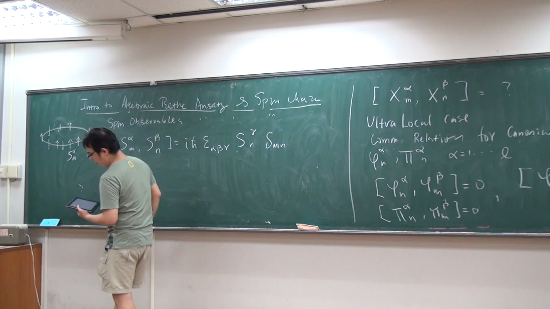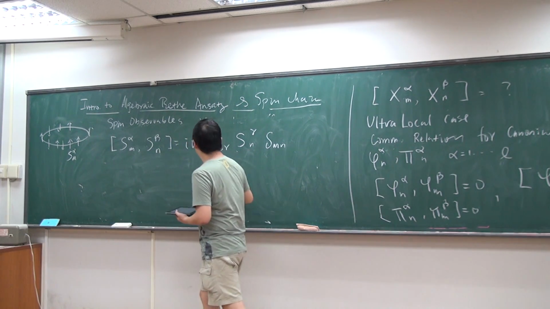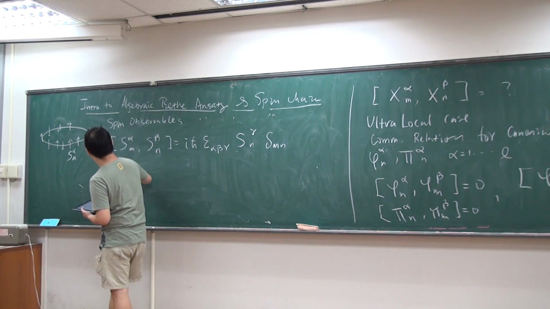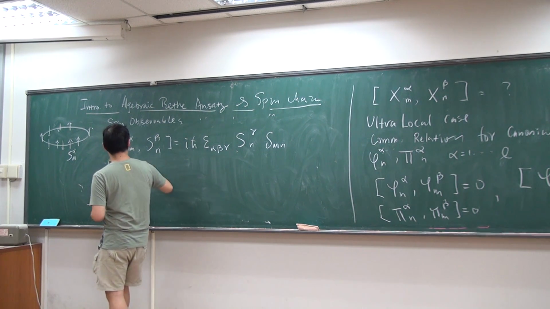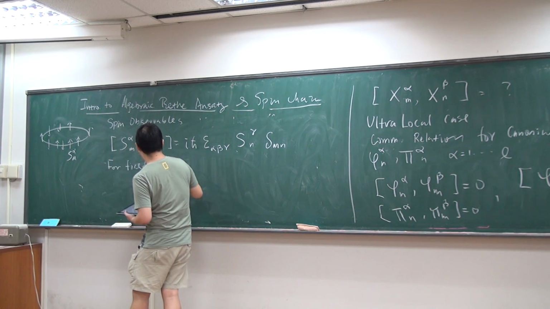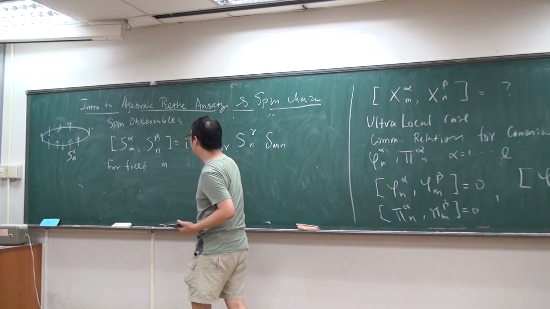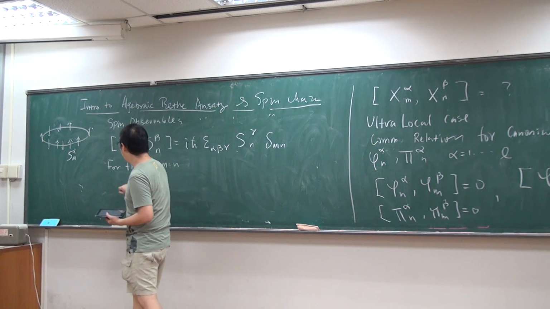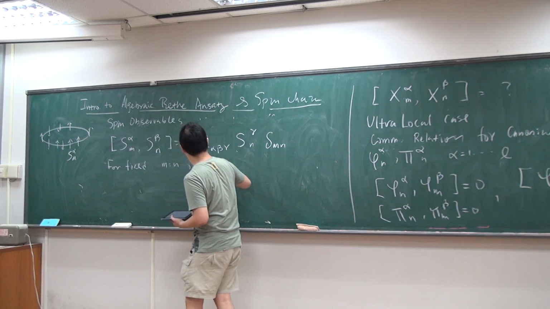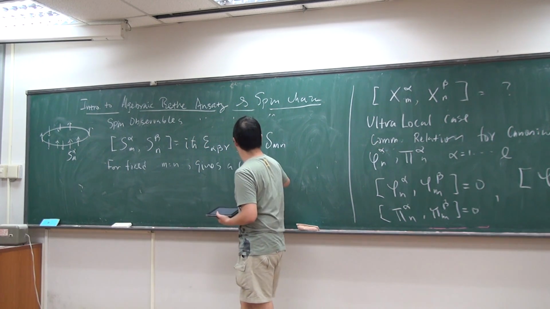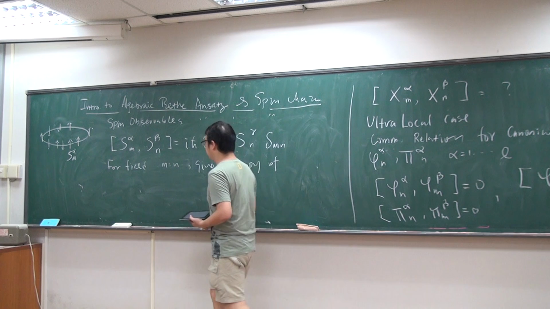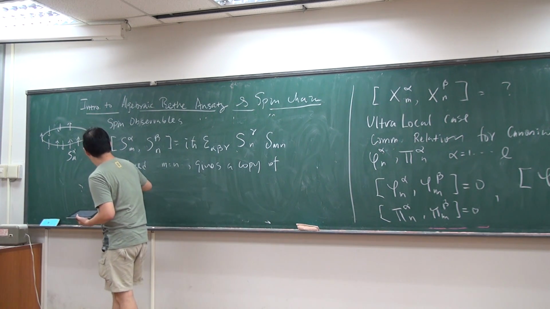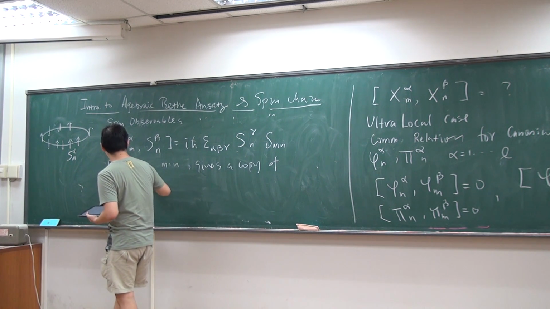This is actually, for those of you who know, for fixed m, obviously when m and n are equal, then this actually gives the copies of the so-called SL2 algebra.